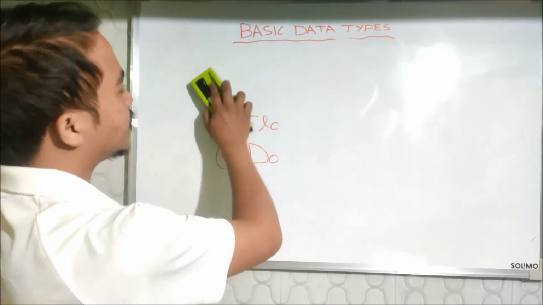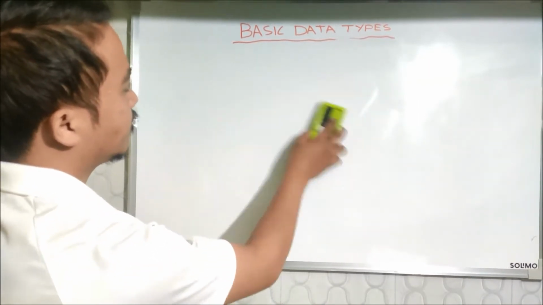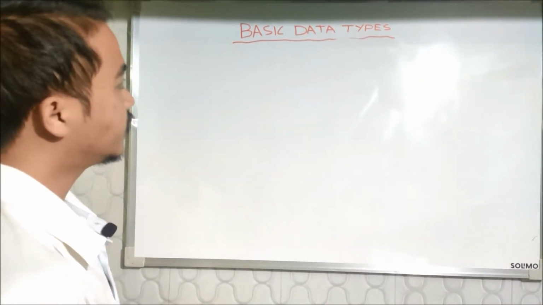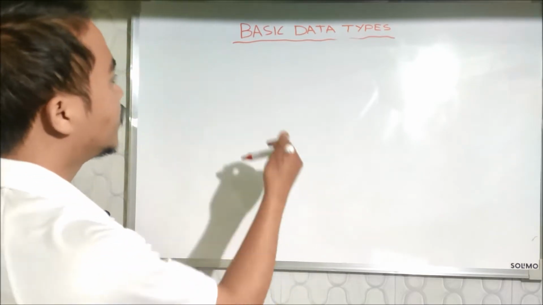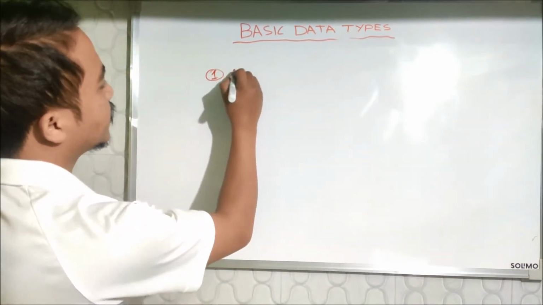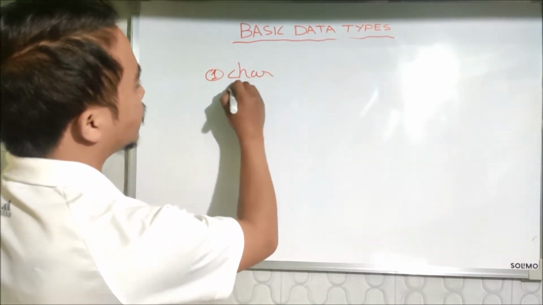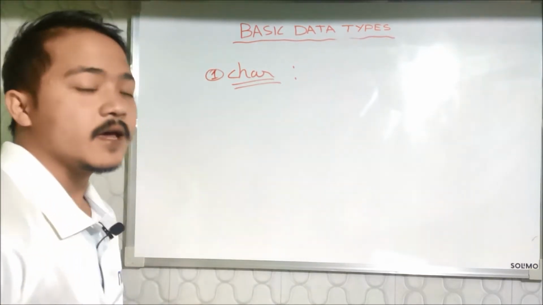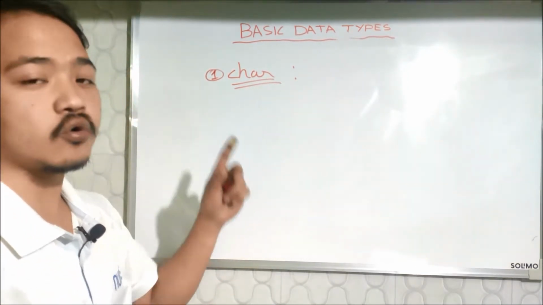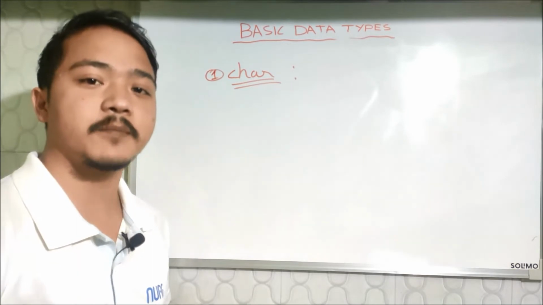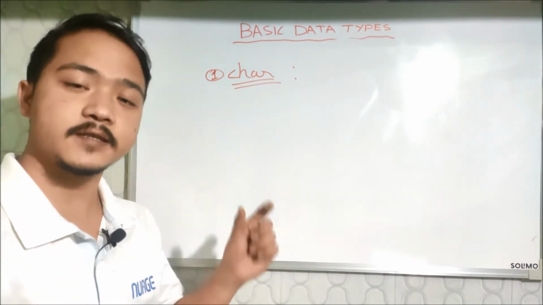So first, let's say the char data type. This char data type stores a single character in memory inside a system.